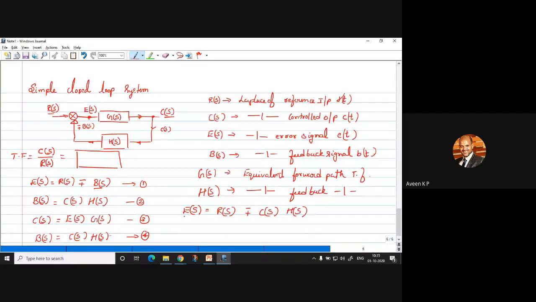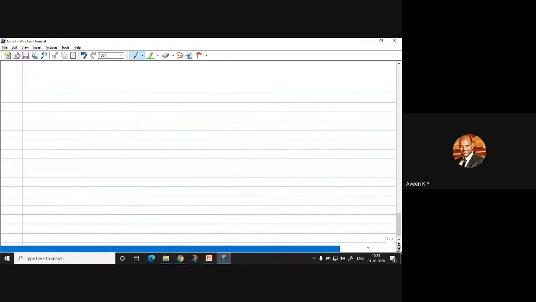Again, I can rewrite E of S by transferring G of S, so E of S is C of S by G of S. With the help of the third equation, I can write E of S as C of S by G of S. Let me move on to the next page.